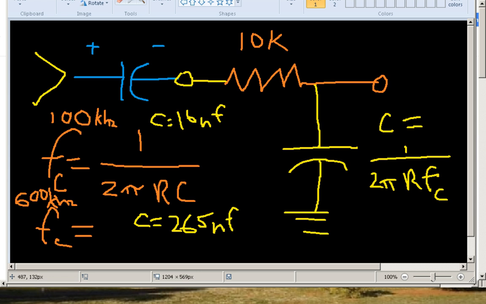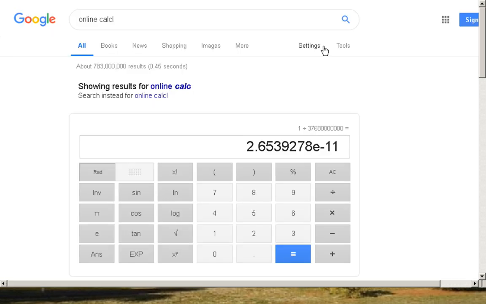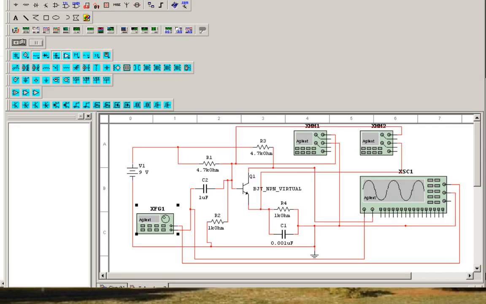Well, I could put these into the circuit and find out what happens. So I'll put a capacitor in. I'll put a resistor in.